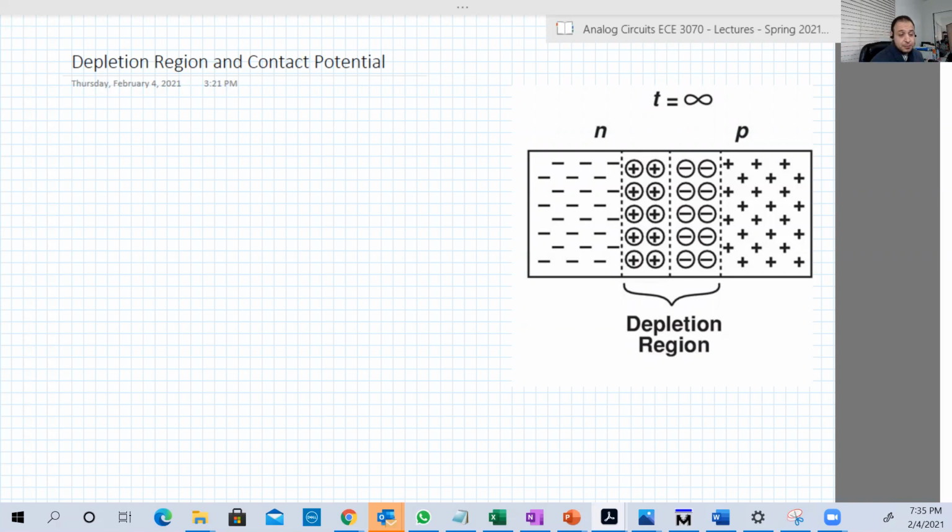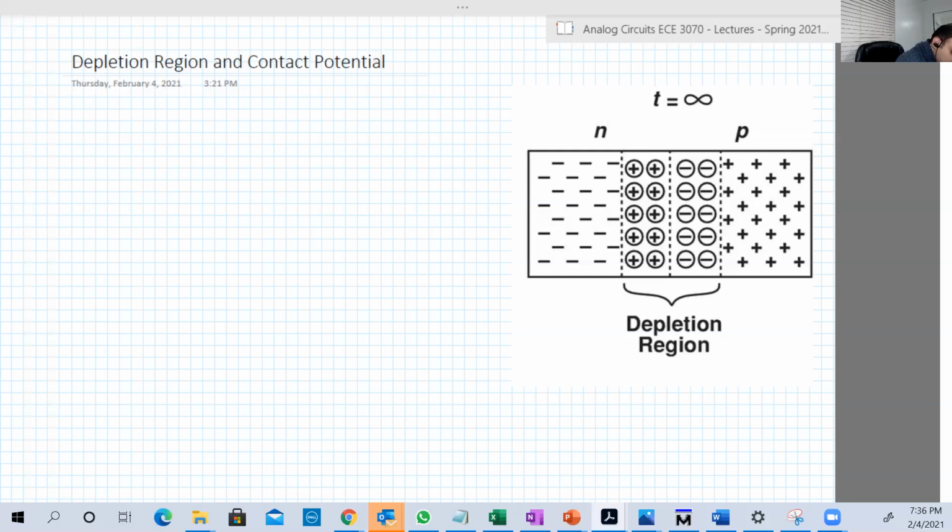This will create a diffusion current, and in time an electric field will be created at the junction, at the contact, because each hole that leaves the p-type for the n-type will leave behind a negative ion, and each electron that leaves the n-type for the p-type will leave behind a positive ion.